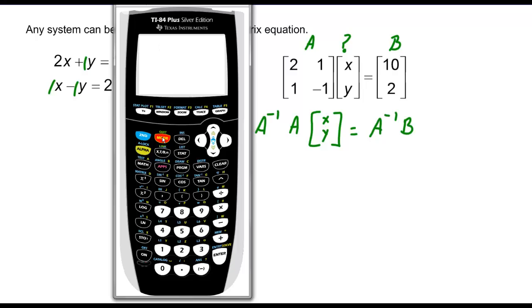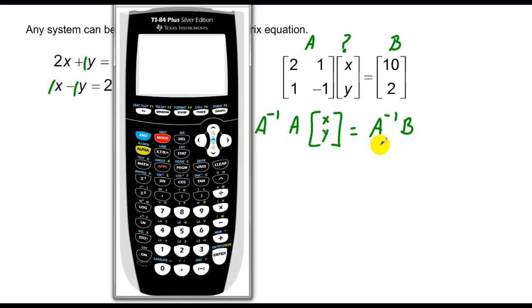Then I want to type in matrix B, so I'm going to go second matrix, edit, matrix 2. That's a 2 by 1. Already got that in my calculator. And there are my values of 10 and 2. Quit that. Go back to my home screen.